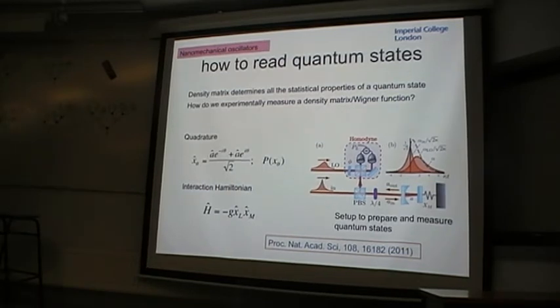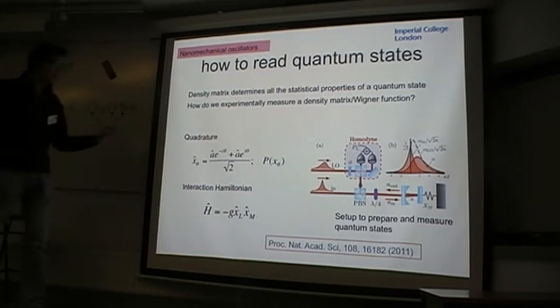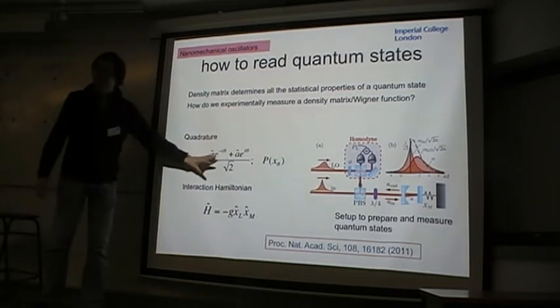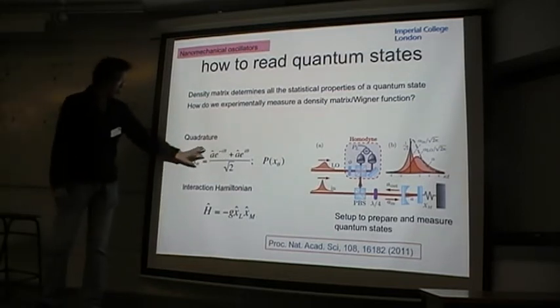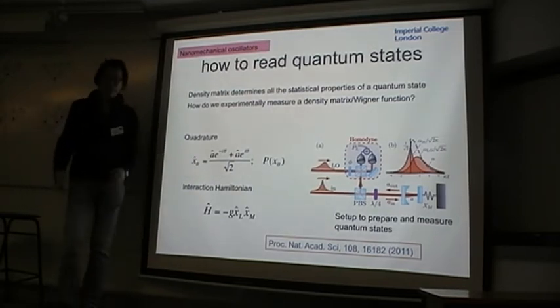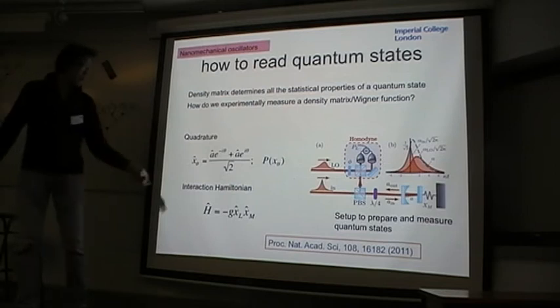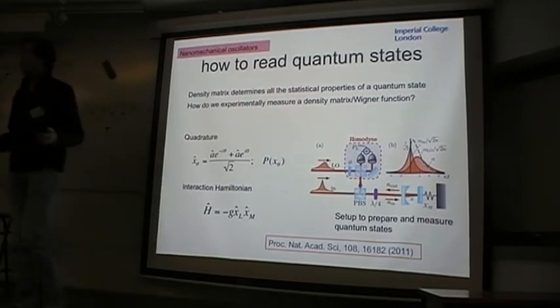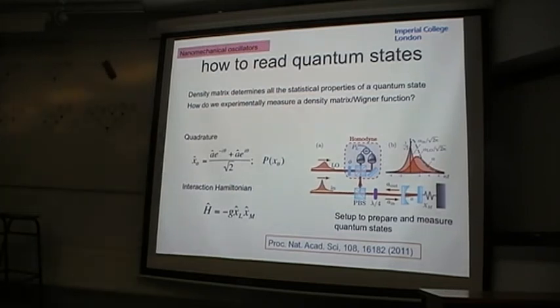To measure that, what is important is to be able to measure the quadrature variables. Okay? So the quadrature is defined in this form, and when theta is 0, it is the x operator, and when theta is pi over 2, it is the p operator. And when theta is between 0 and 2 pi, it is between those two axes.